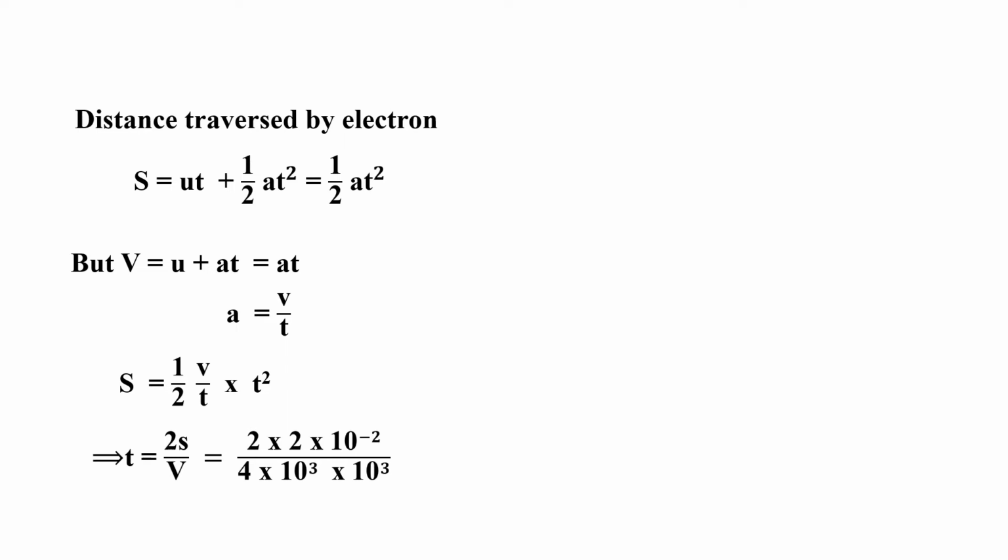From this it can be written as t is equal to, taking cross multiplication, 2 into S by v.